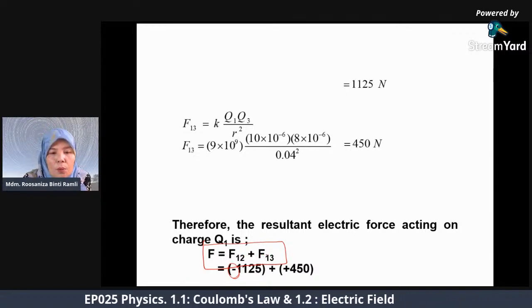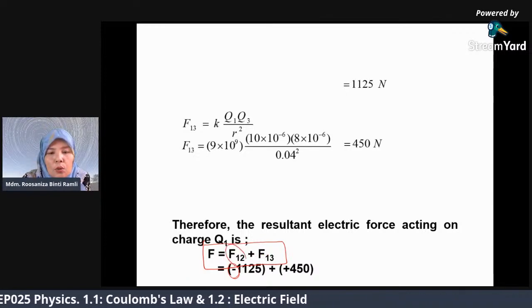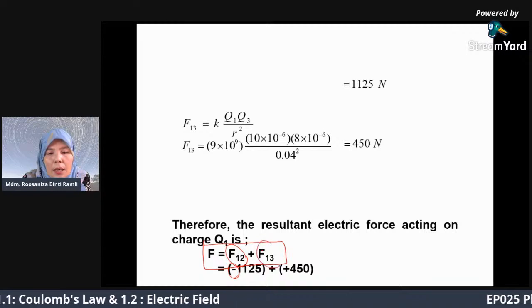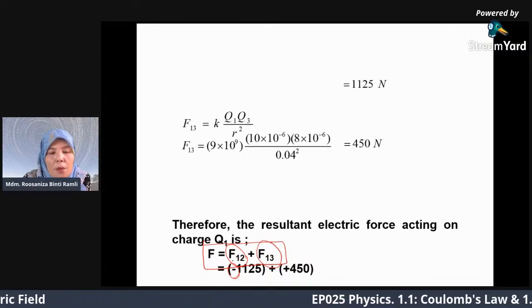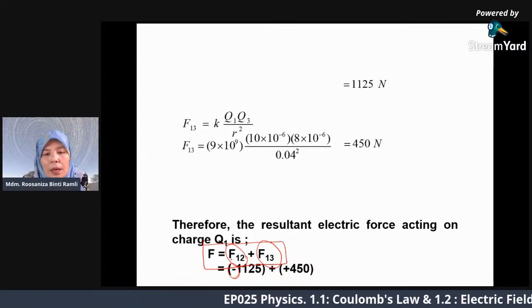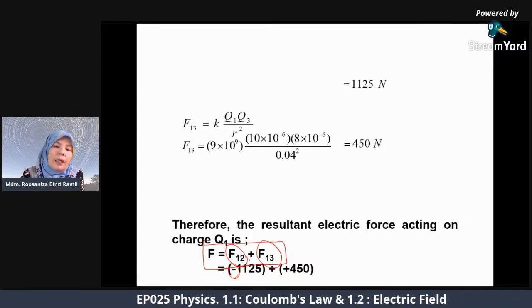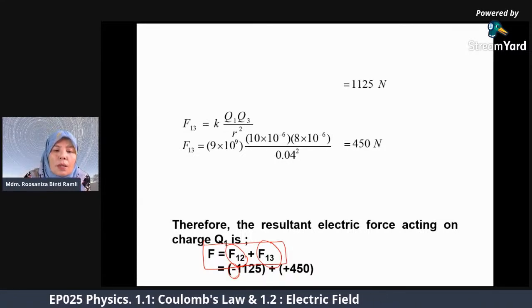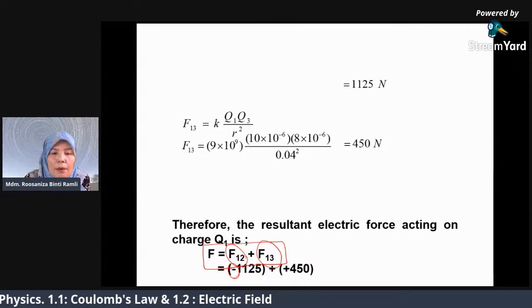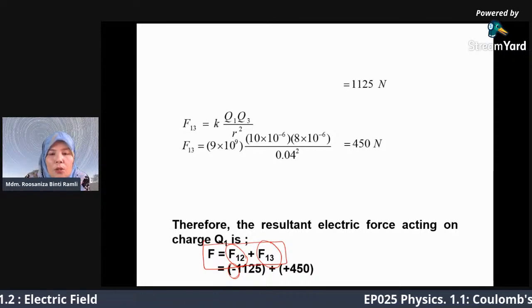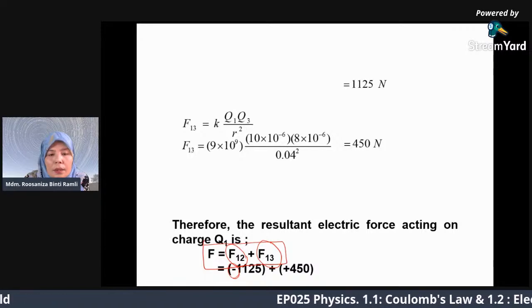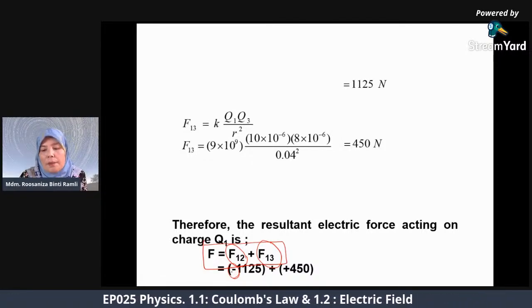But if you want to put the value of F12 or F13, the value must be positive or negative. Positive means the direction of the F is to the right, and negative means the direction is to the left. So you have to identify the direction of the force to make sure you put the correct sign, positive or negative, in the equation.